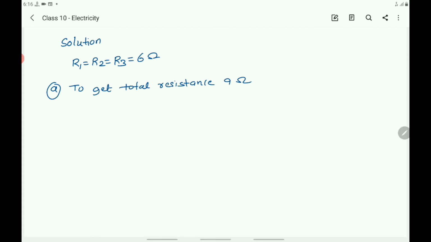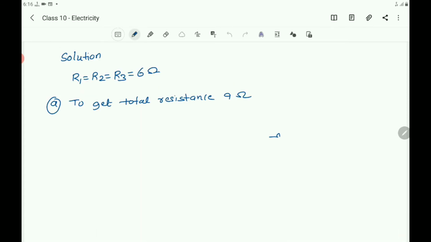So let us connect the two resistors in parallel, and next this combination can be connected with the third resistance in series.